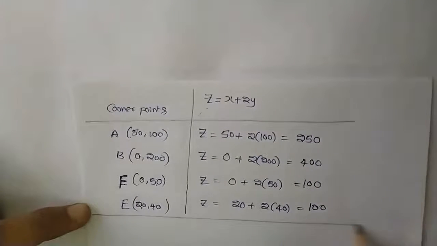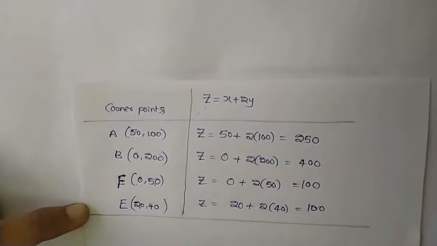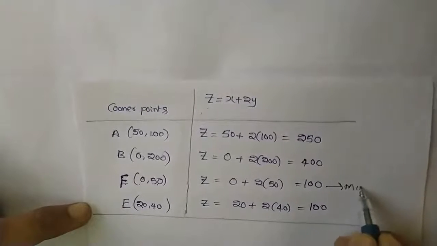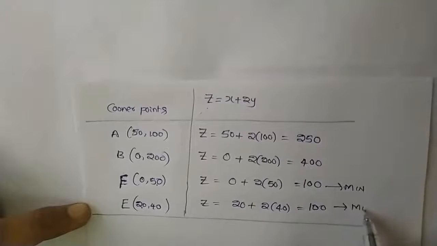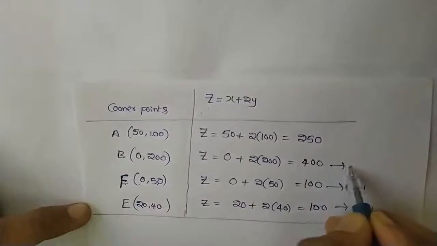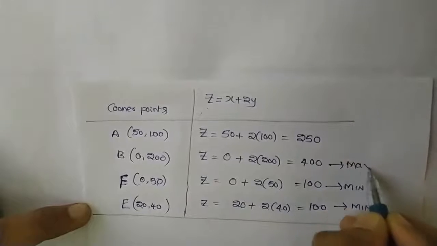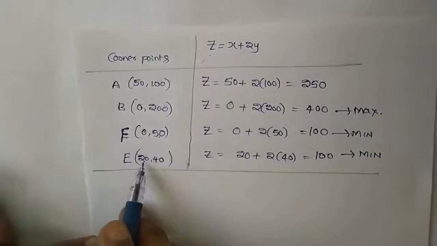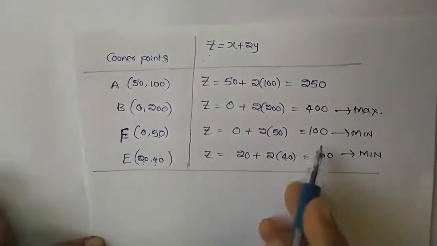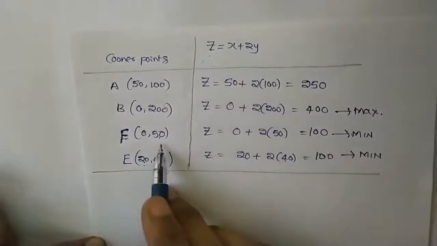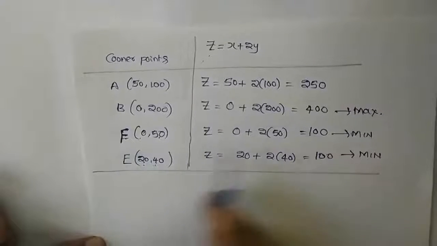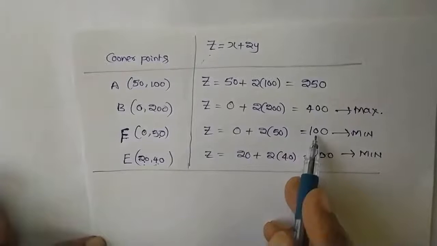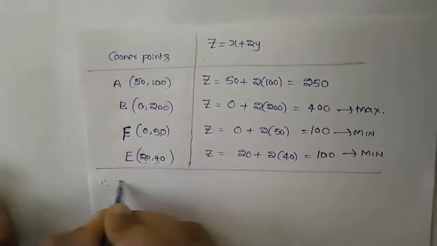See where it is maximum and minimum. 100 is minimum, maximum is 400. Therefore, write the conclusion.